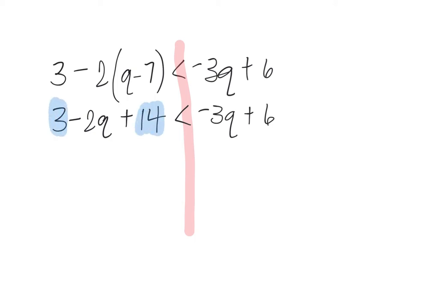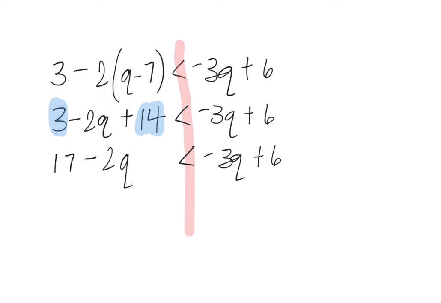They're the same kind of term, so I can just say 3 plus 14 to get 17 minus 2q is less than negative 3q plus 6. Now that both sides are completely simplified, I can't clear parentheses on the left or right side, and I can't combine any like terms, so I'm going to start isolating q.